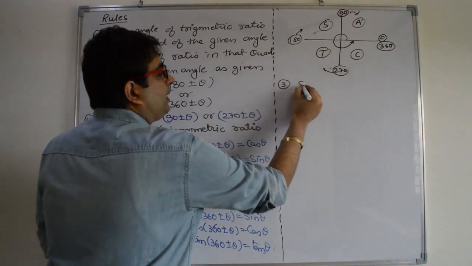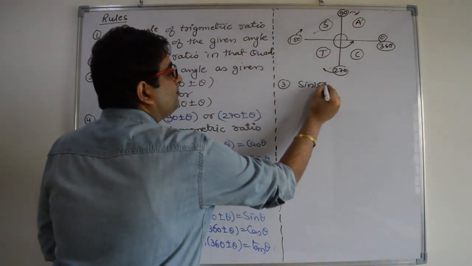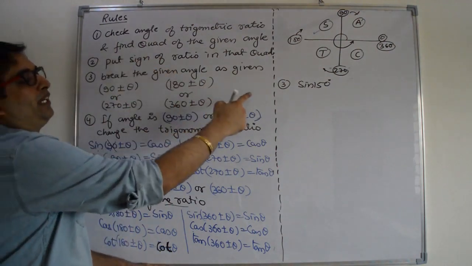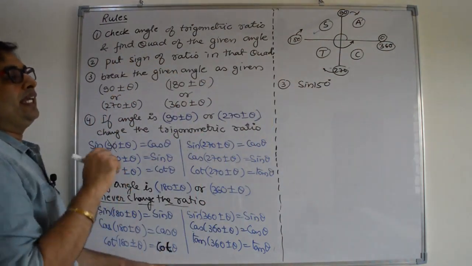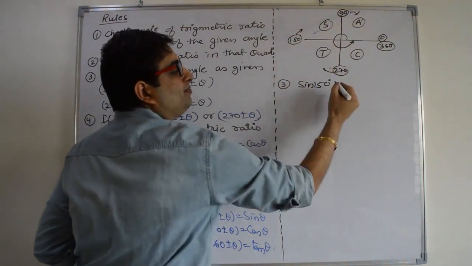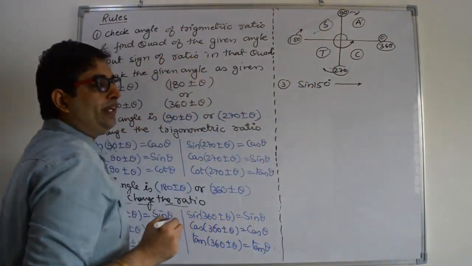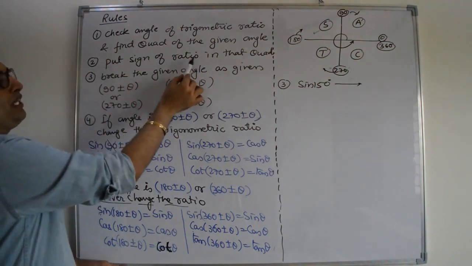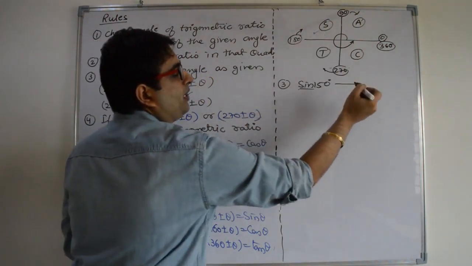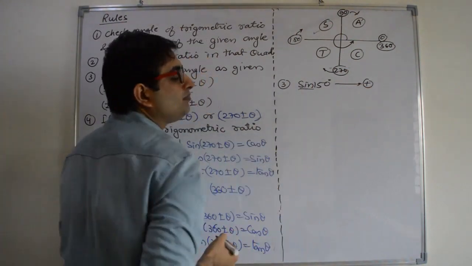Third example, I am taking sine 150 degree. Right? First thing, we have to check the angle 150 degree. Then we have to check the quadrant, second quadrant. Next we have to check the sine, because it is sine and it is in second quadrant, so it will be positive.